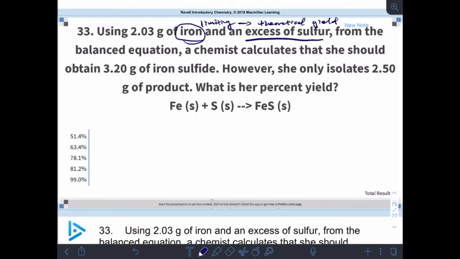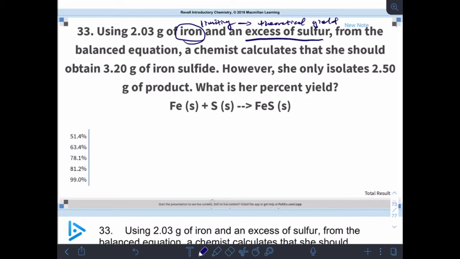So from the balanced equation, the chemist calculates they should obtain 3.2 grams of iron sulfide. However, they only isolate 2.5 grams of product. What is her percent yield?